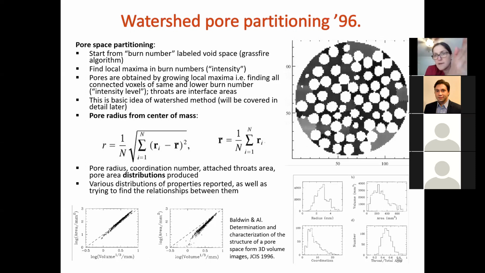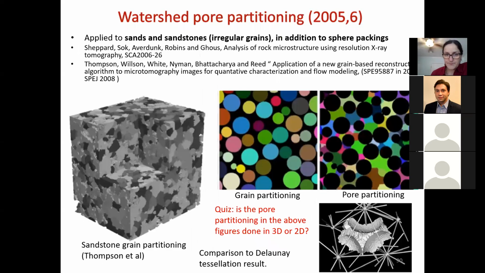And then you can again plot various distributions, some of which are shown here from this paper for this particular image. Well, this is 1996, so it's a relatively low resolution image of a bunch of spheres. Now, this was later, in 2005, 2006, applied to isolate grains as well.